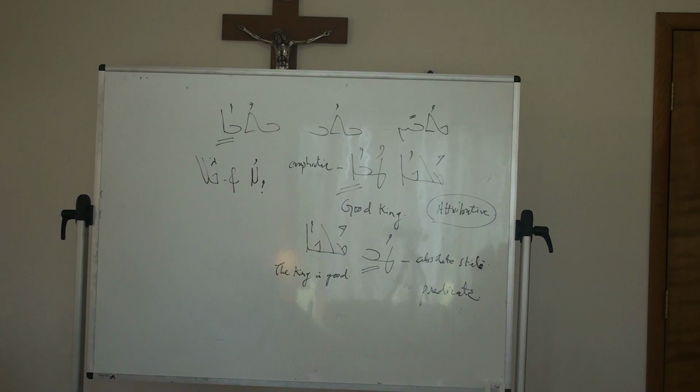Any other questions? On page 23, after the third paragraph, they gave some examples. Keep, I'll keep. Is it absolute or infinitive? It's the absolute. If there is no O ending, it is in the absolute state.